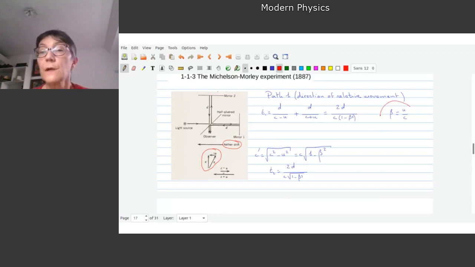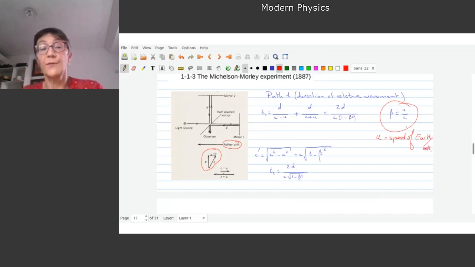And we introduce here, it will be important, this new coefficient beta, which measures u. I will use u, which is the speed of Earth relative to the ether.